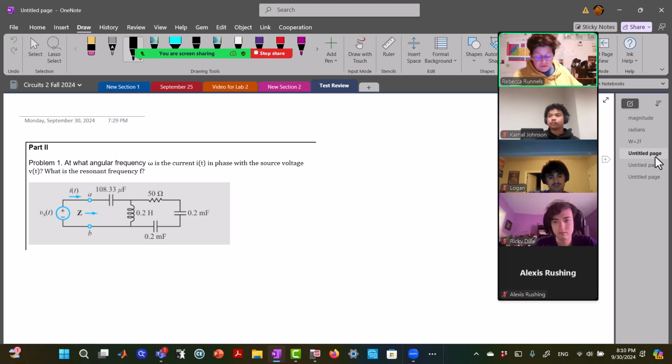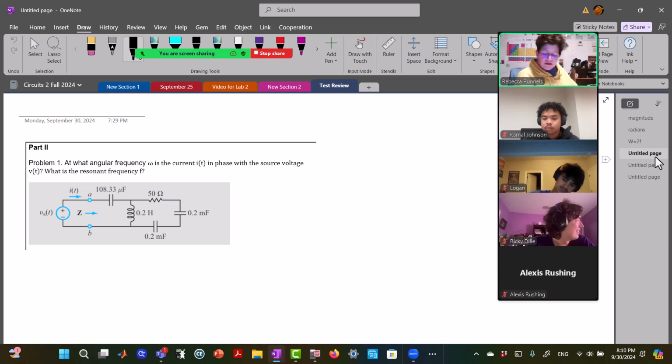So the question is asking, at what angular frequency is the current in phase with the source voltage? And then it says, what is the resonant frequency?